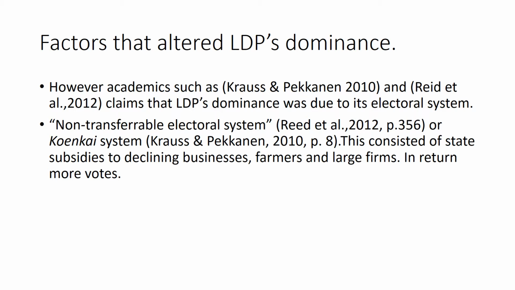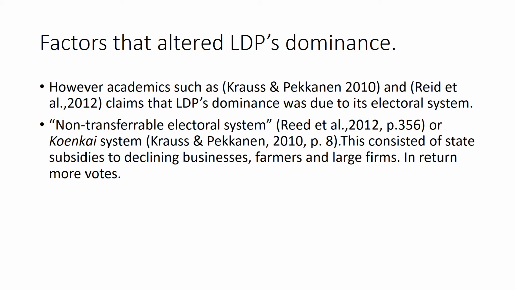Now, we also need to look at what happened to this non-transferable voting system. So it appeared that in 1954, the voting system, as named in Japanese, is called the Koenkai, which basically means electoral system.